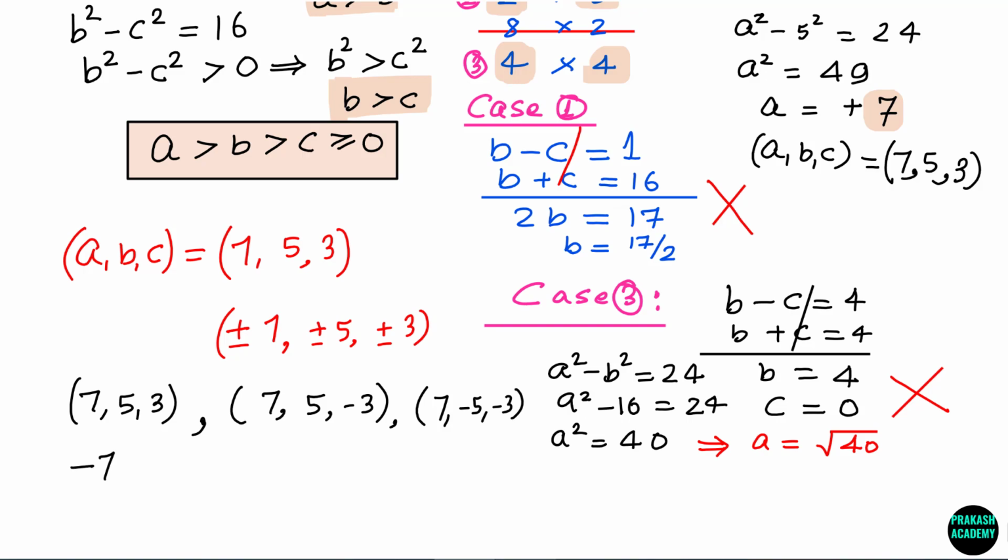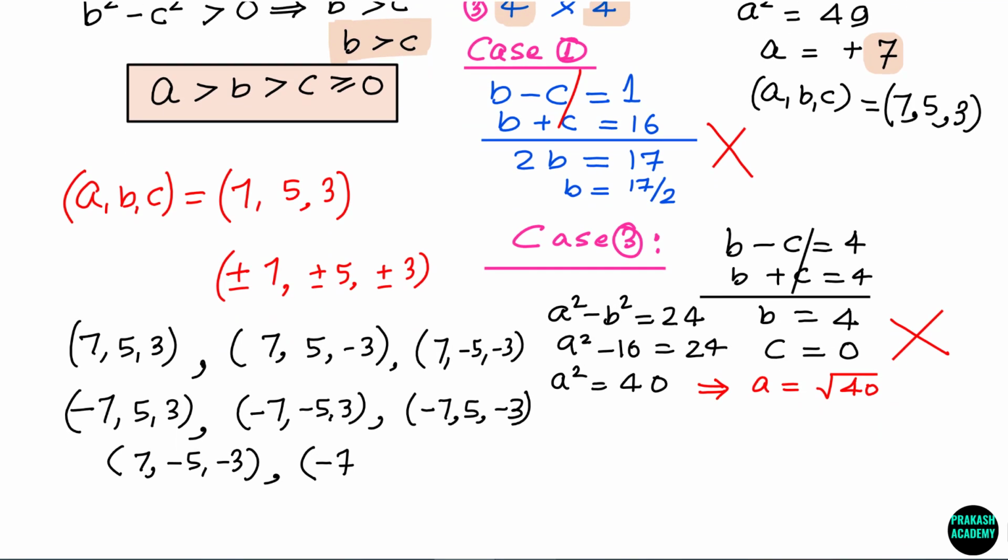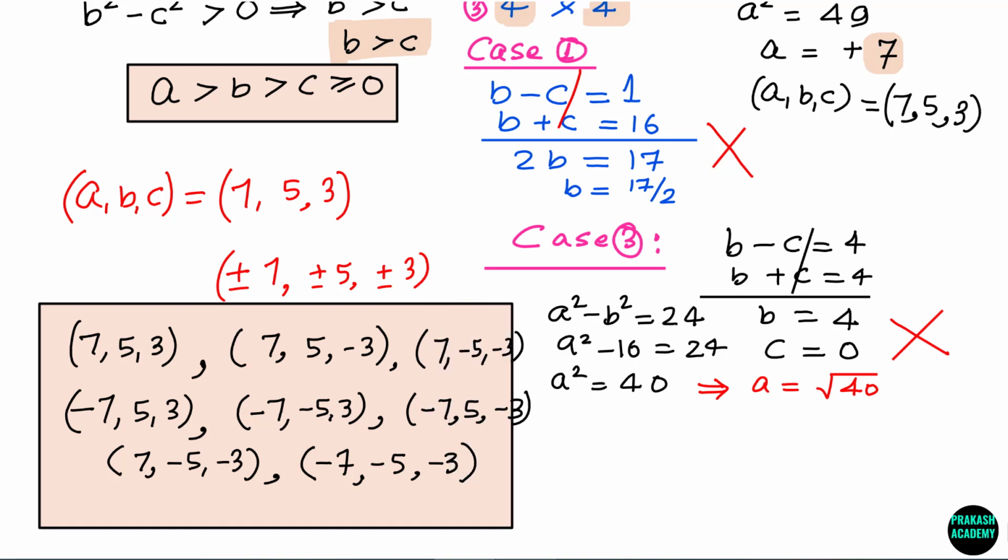You can make 7 negative, so this is minus 7, 5, 3. Now you can make two terms negative: minus 7, minus 5, 3; minus 7, 5, minus 3; or 7, minus 5, minus 3; or you can make all the terms negative, that is minus 7, minus 5 and minus 3. So you see, in this case you will have 8 sets of solution.